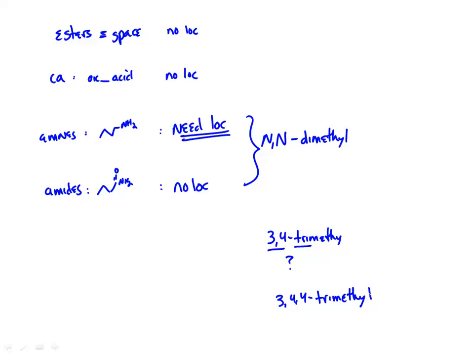So how do you do the location for the N? Like if you have 2 or 3 N's, how would you do the location for that? What do you mean by 2 or 3 N's? There should only be one N in them. Well, in the homework when you're doing the naming, like if you were given the name and you're trying to do the line structure, I thought it was really hard to know what carbon the N is going on. Okay, let's put it this way.